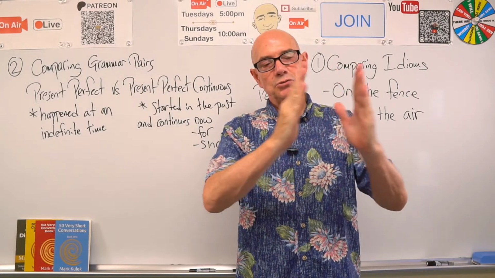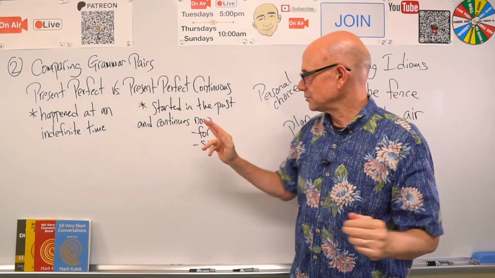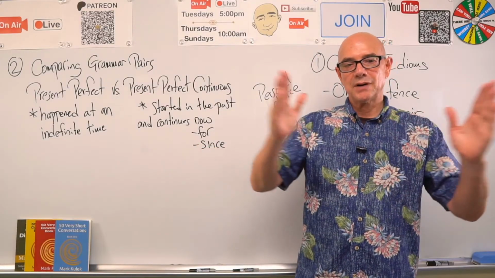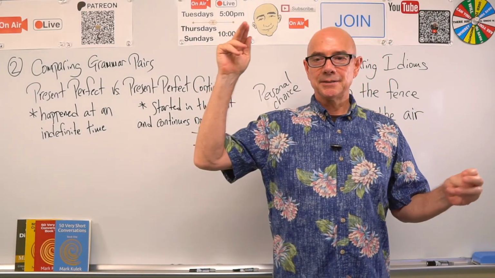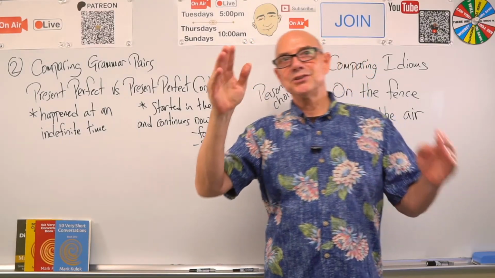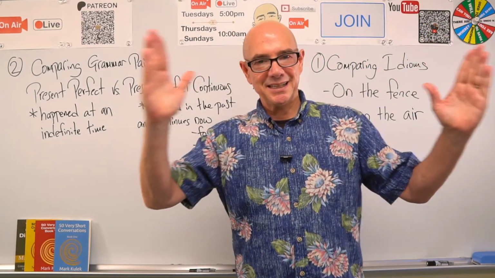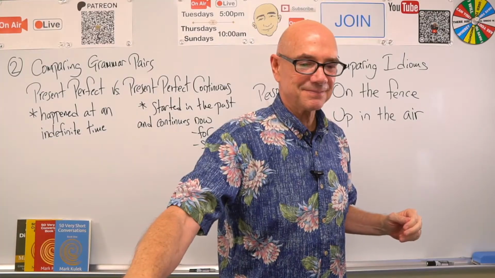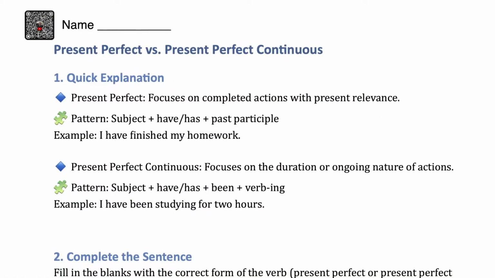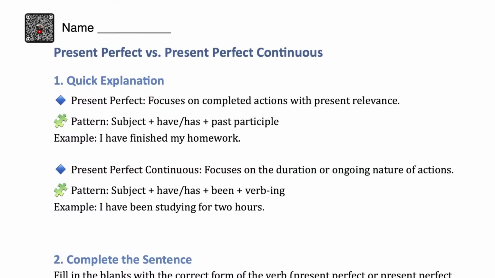So a duration of time, since. And then for 2 hours, I have been speaking to you for 45 minutes, okay? An example, I have been studying for 2 hours, right? So duration of time. Started in the past and it's happening now.